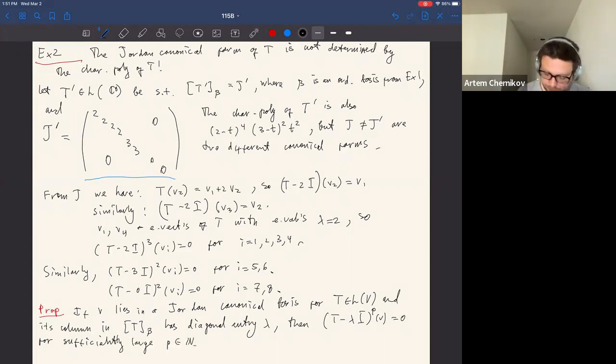And moreover, eigenvectors satisfy it with p already equal to 1.